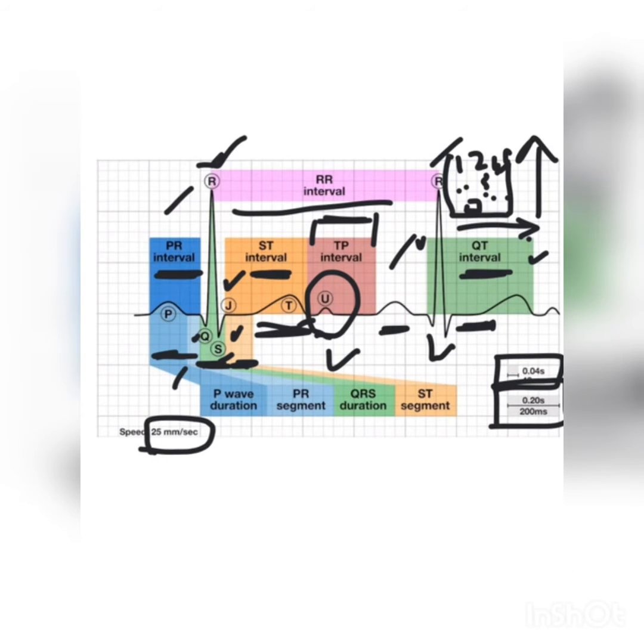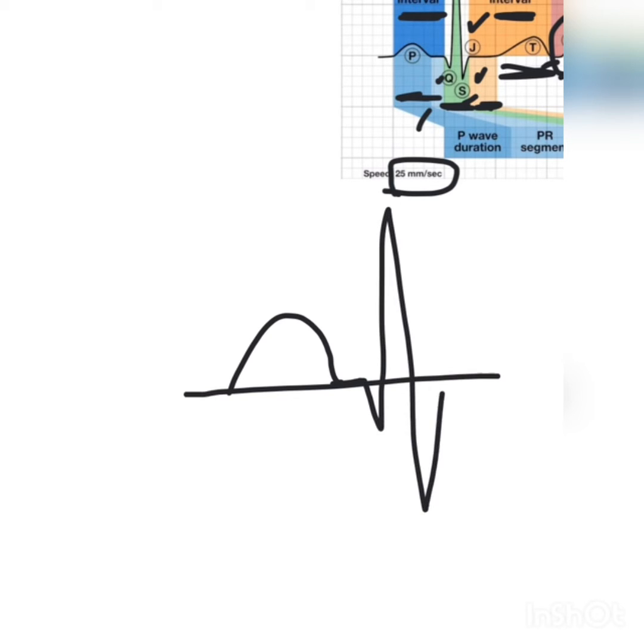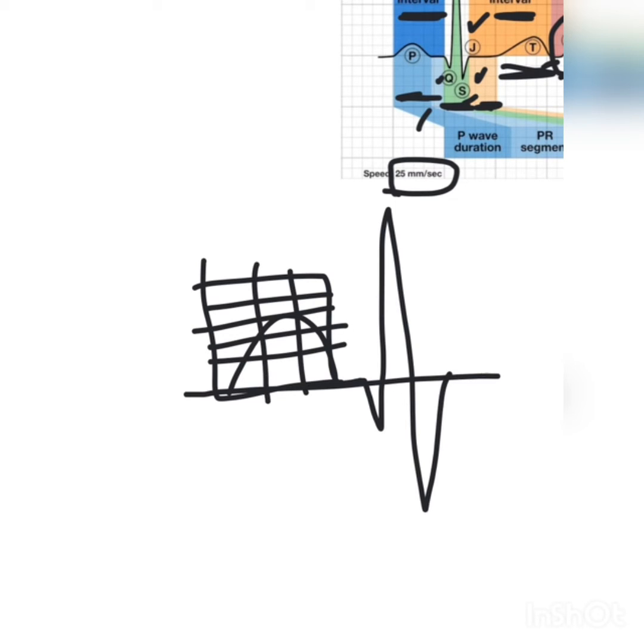So now we are first going to discuss the P wave, which is the first wave on the ECG. I am just removing this screen so that we can make a good P wave. This is the isoelectric line and this is the P wave, and of course after that there will be the Q, R and S complex. Behind this is the standard ECG paper, 5 small boxes and large boxes.